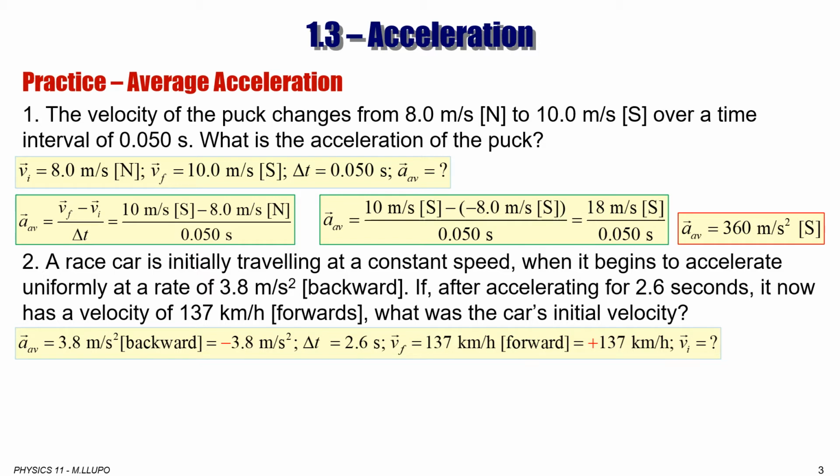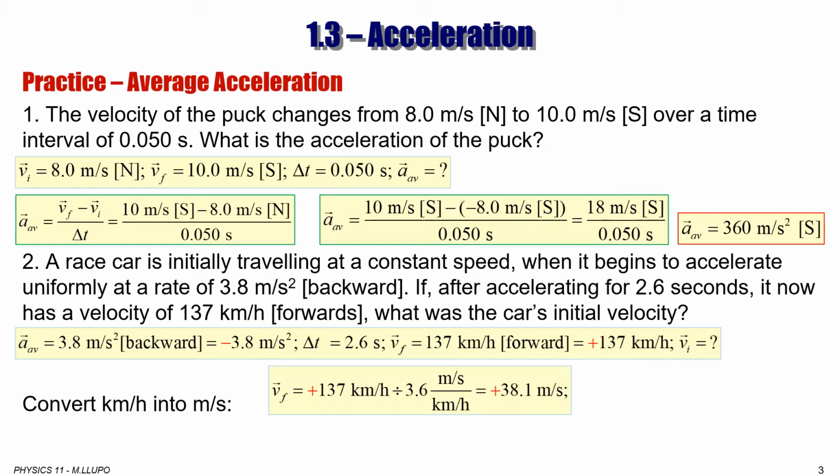We can use backward as negative and forward as positive, and convert back at the end. This is for simplicity instead of using a big word in an equation. Interval of time is 2.6 seconds. Final velocity is 137 kilometers per hour forward, so plus 137 kilometers per hour, and initial velocity is required.